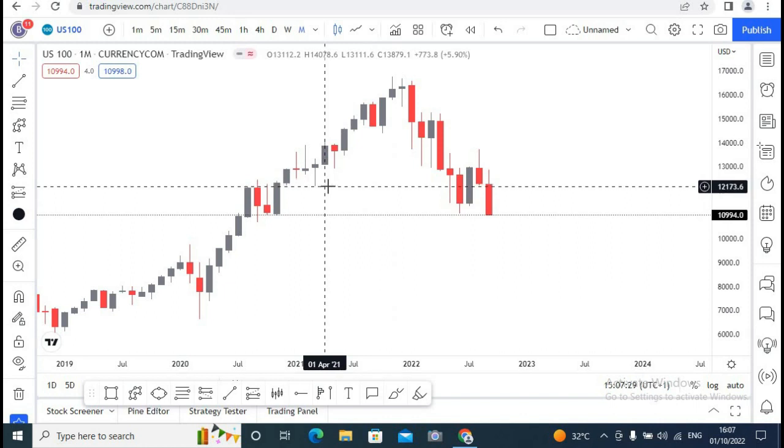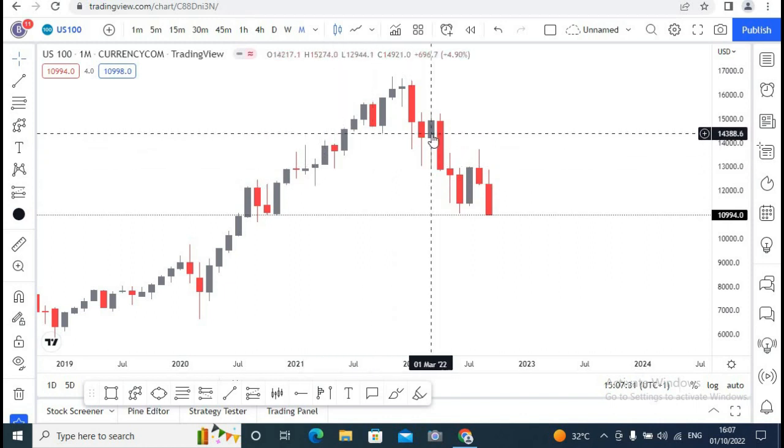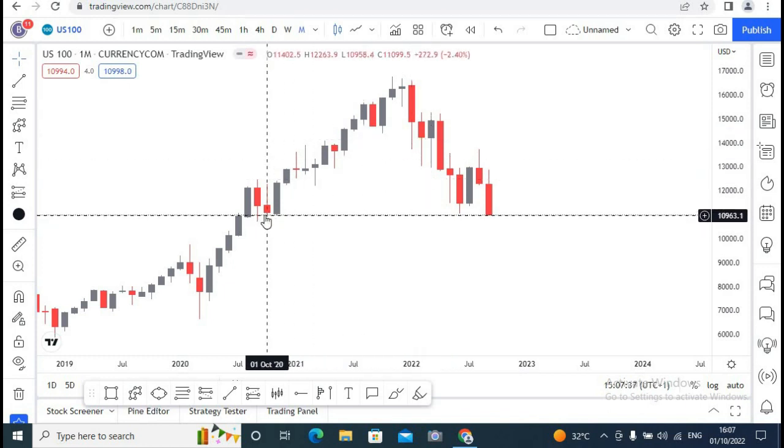So what you have to understand, these bullish candlesticks are supply zone areas, and as well, these bearish candlesticks are our demand zone areas.